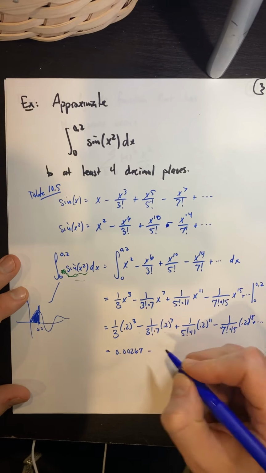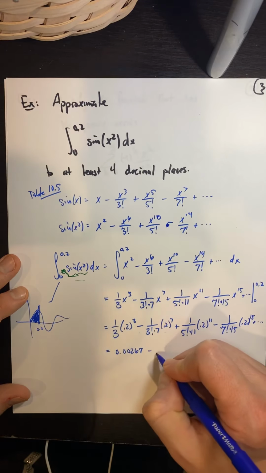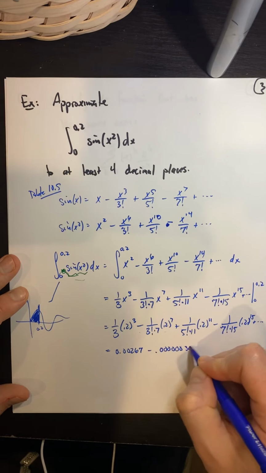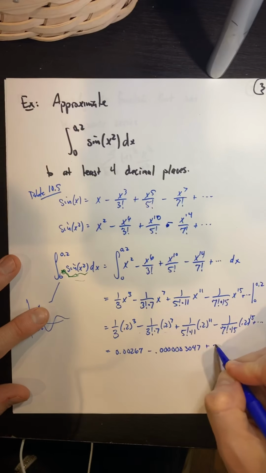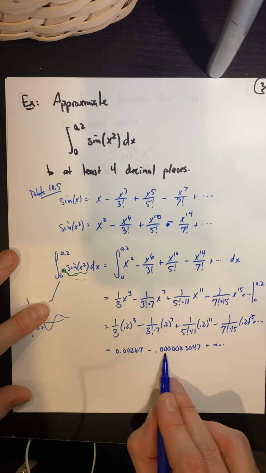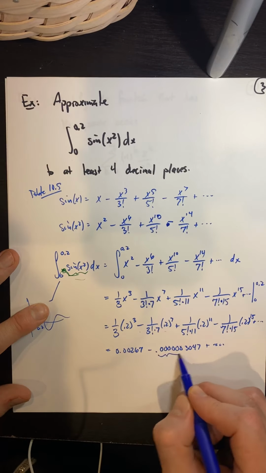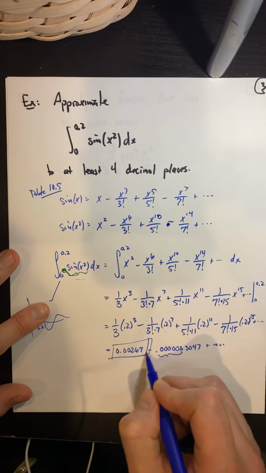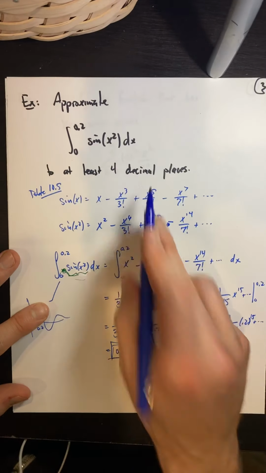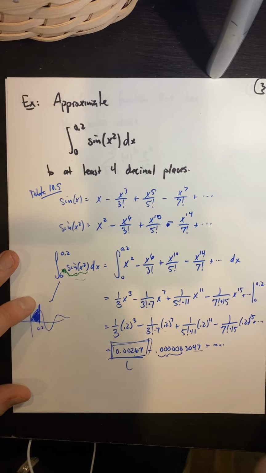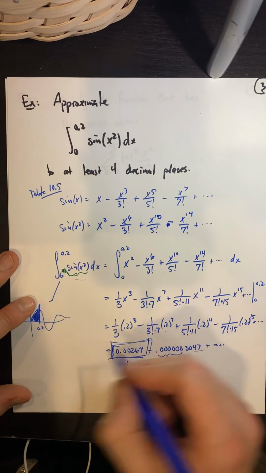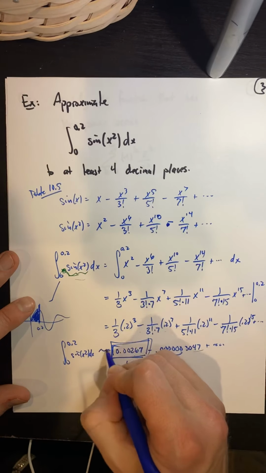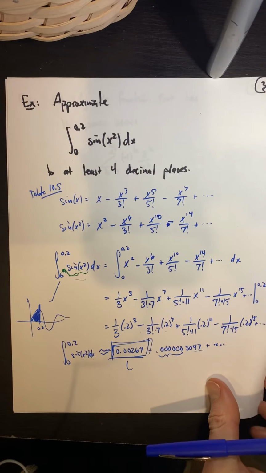And look at that, we already get minus 0.000000123 or so. So I'm not even going to compute the next two terms, because this already has 6 zeros, so it's already within 4 decimal places. So I'm just going to circle this one and say, hey, this is good enough up to 4 decimal places, because this is not going to change those decimals. All right, so this area is approximately equal to 0.00267.